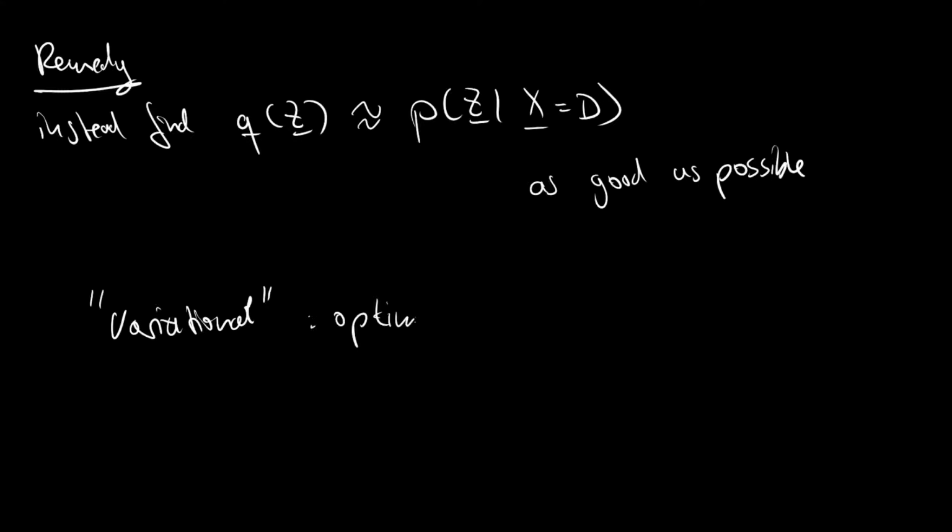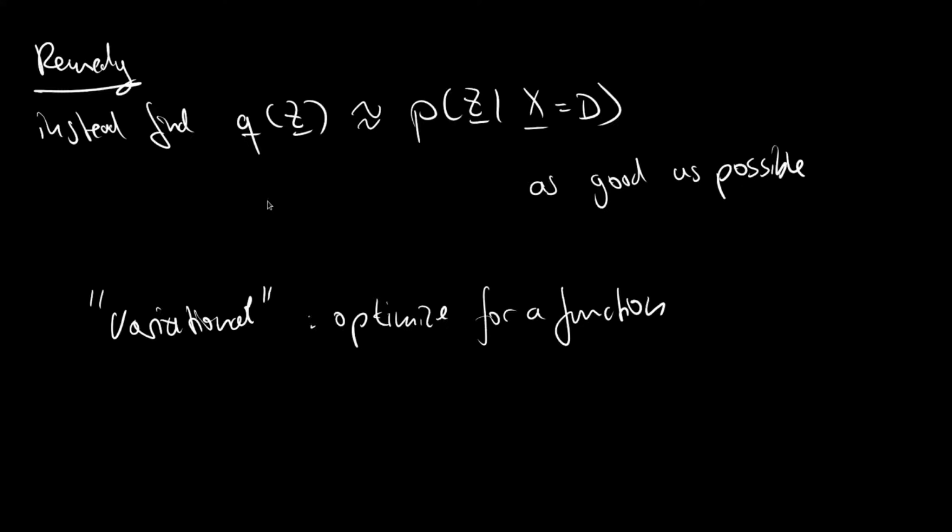So we optimize for a function. In conclusion, we are doing variational inference, so we optimize for a function in order to be able to perform inference.